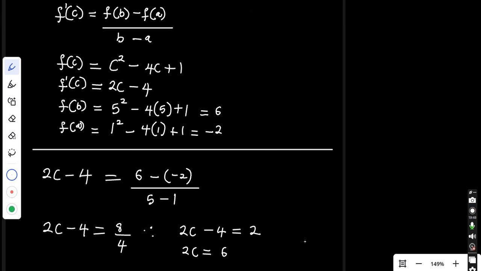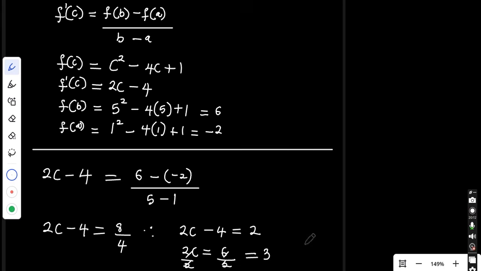We divide both sides by 2, and we say that c is going to be equal to 3. Therefore, the point that exists, at least that one point which exists in this interval, is equal to 3. All right, so let's take the next problem.